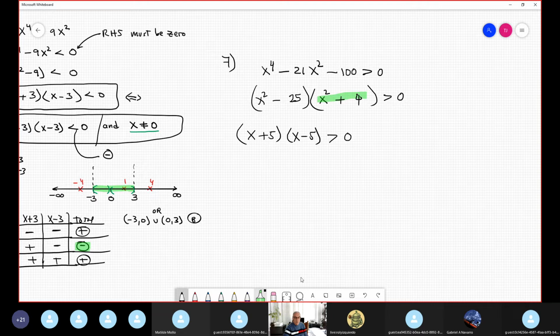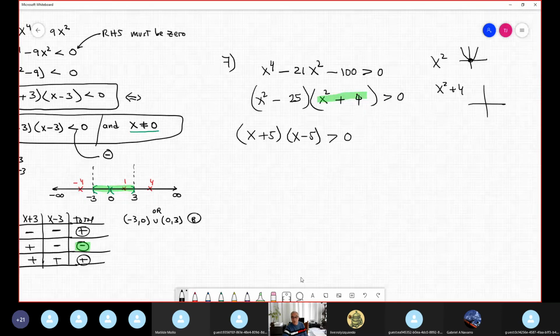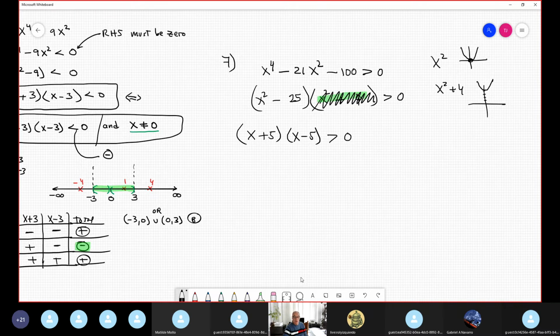What is the difference between x squared alone and x squared plus 4? Well, x squared is a parabola like that, and maybe it's 0 here. x squared plus 4 is a parabola, but it's at 4: 1, 2, 3, 4. And this is never negative or 0. Therefore, you totally delete it. And my inequality is like that. Super easy. Okay, so the critical values are 5 and -5.